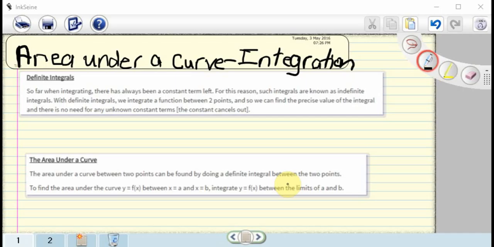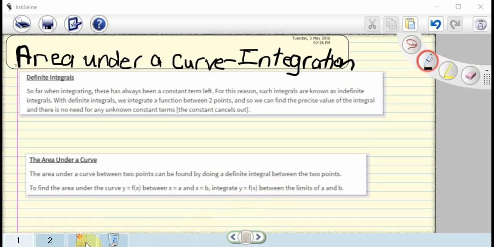The area under a curve between 2 points can be found by doing a definite integral between the 2 points. To find the area under the curve, you have to integrate and evaluate the integral.